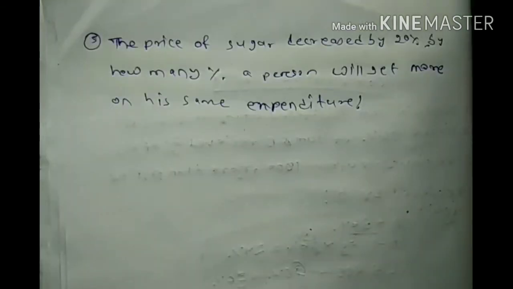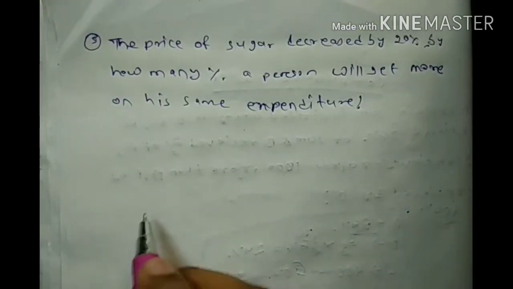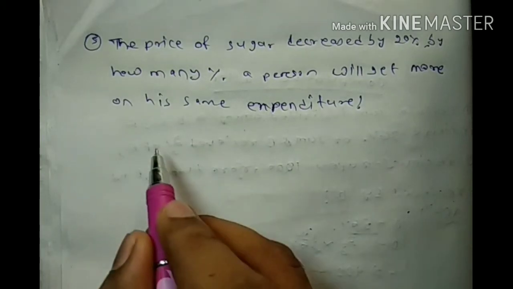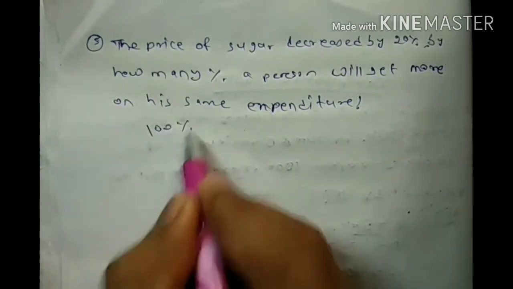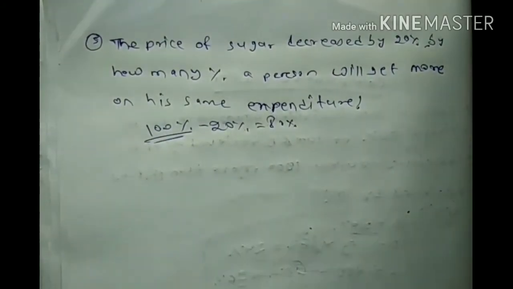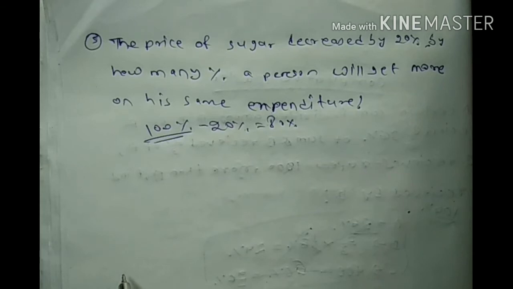Okay, the next question is, the price of sugar decreased by 20%. If the total price is 100%, then after decreasing it gets 80%. So how many percent more will a person get on the same expenditure?